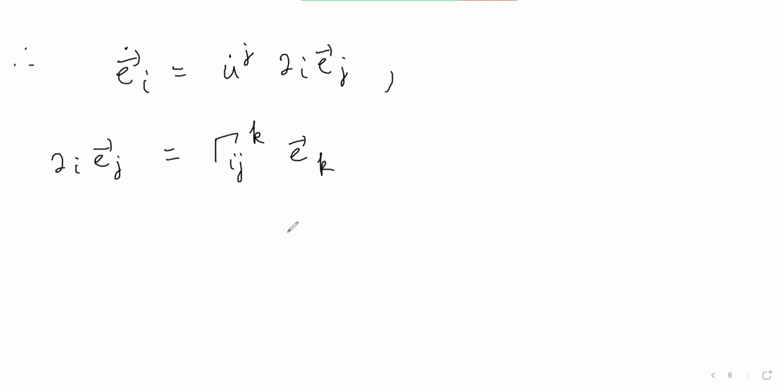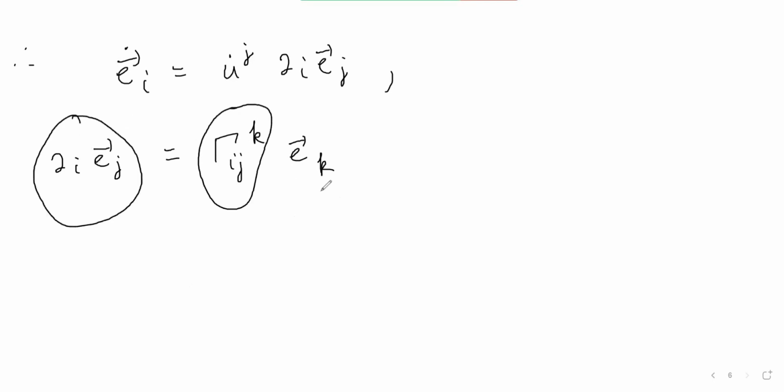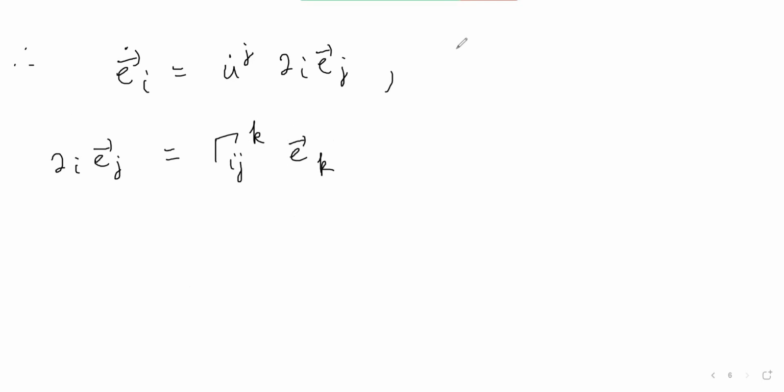We express it like this in index notation. So these quantities are basically the components of this vector along this basis. Now we basically go in and substitute.